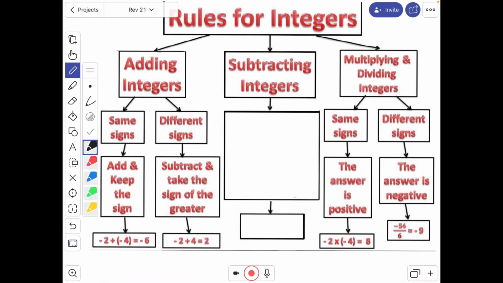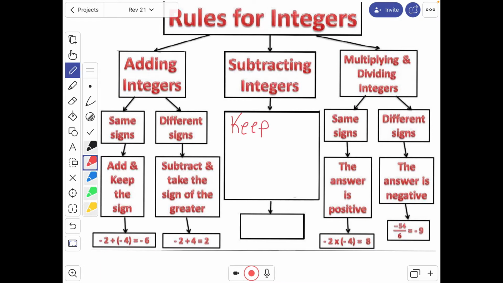Multiplying had a rule for same signs and another rule for different signs. Adding had a rule for same signs and then another rule for different signs. But subtracting only has one rule.